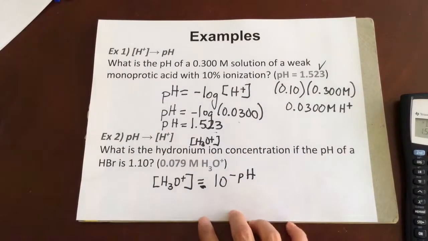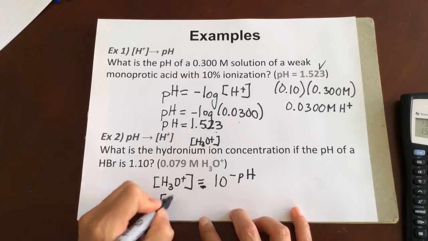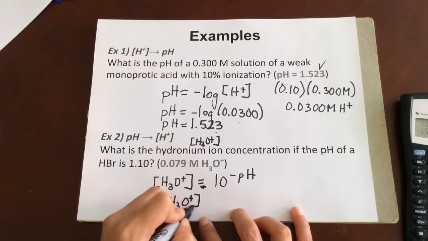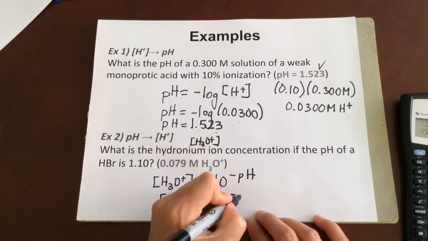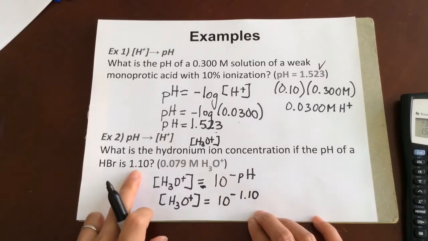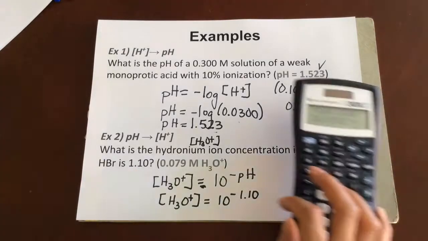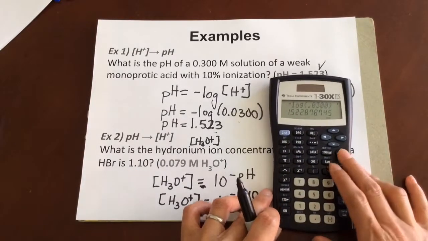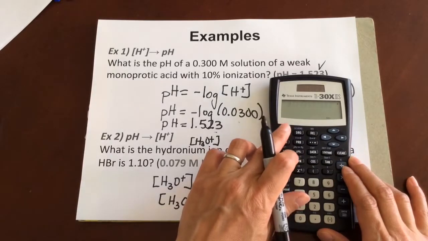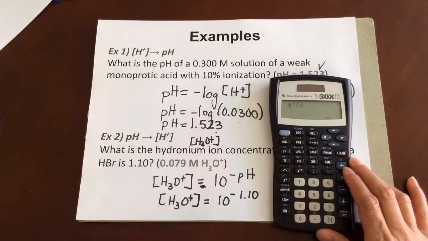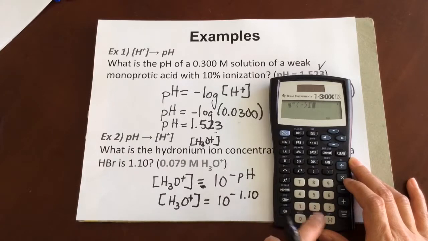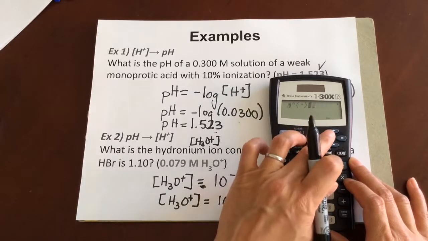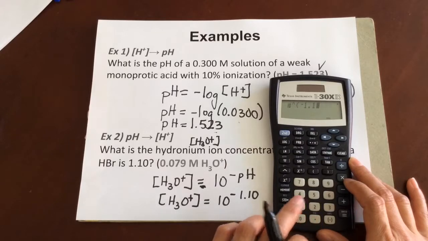So I'm going to go ahead and plug it into the equation. H3O+ equals 10 to the negative pH, which is 1.10. So this is the pH right here. To access my inverse log button, I press second and then the log function. Notice 10 is raised to some power, and I want to raise it to the negative pH, which is negative 1.10.